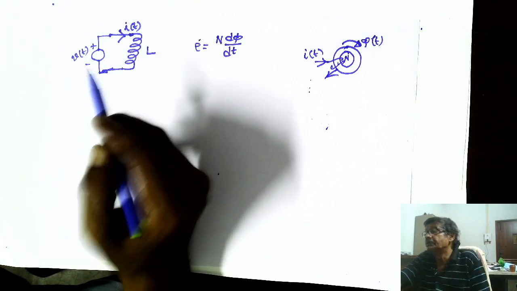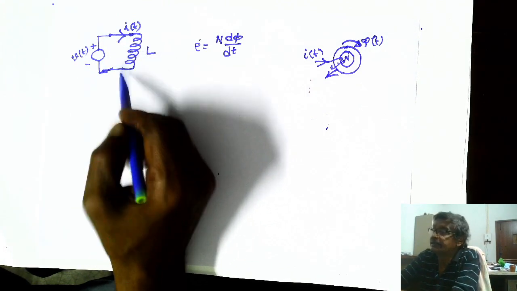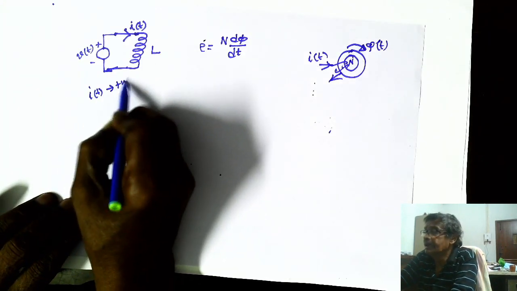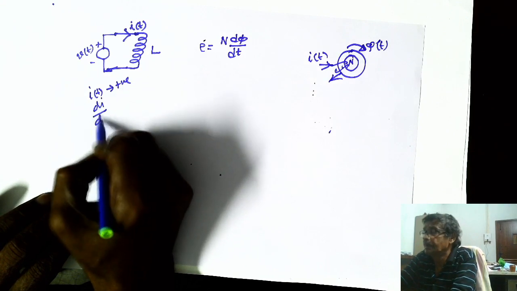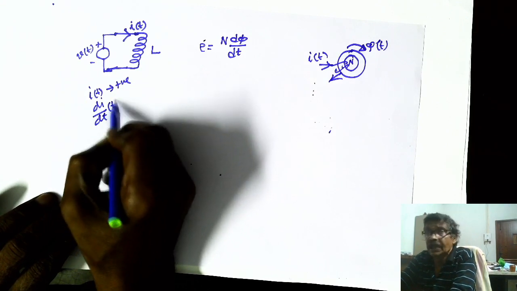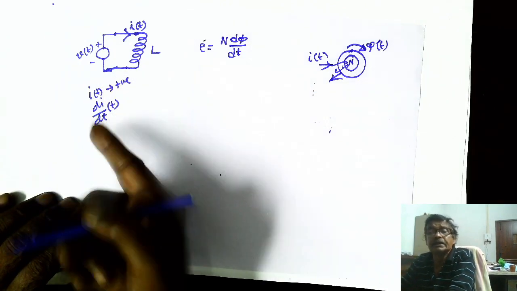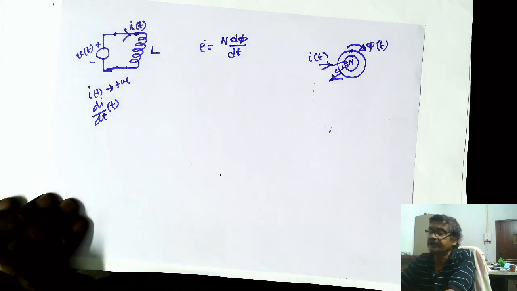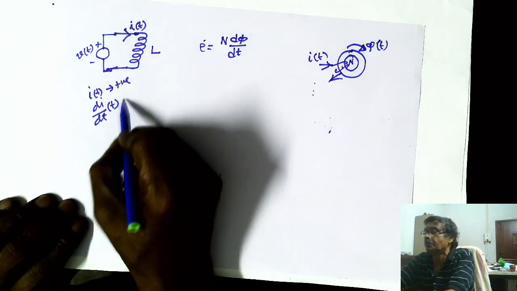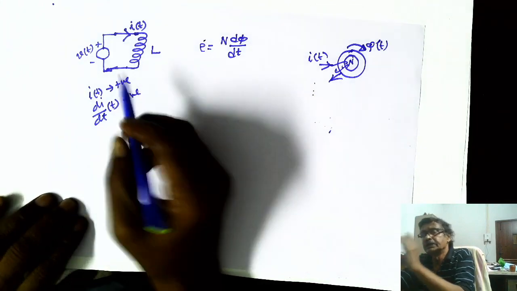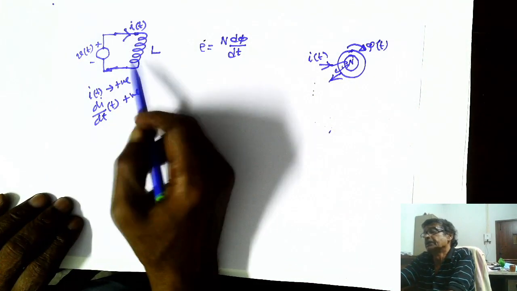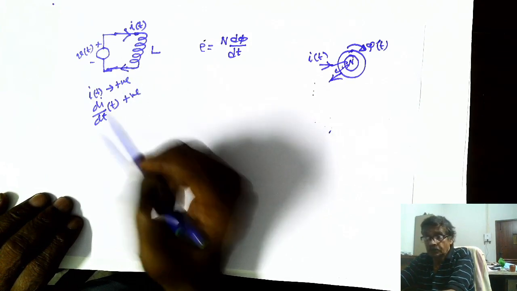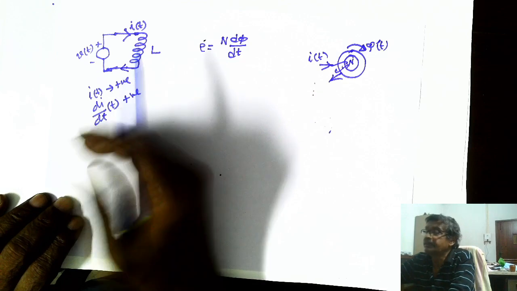Di/dt may sometimes become negative, positive, etc., but consider the instant when the current is positive and di/dt is also positive. That is, right now there is some current drawn from the upper terminal and it goes like this, and di/dt is also positive, that is, current is trying to go up.